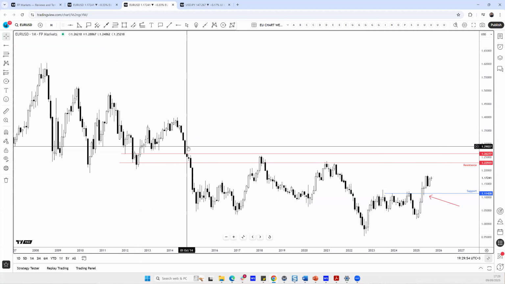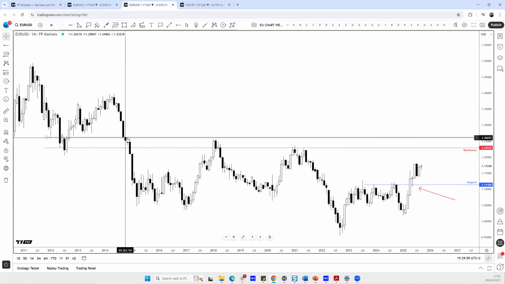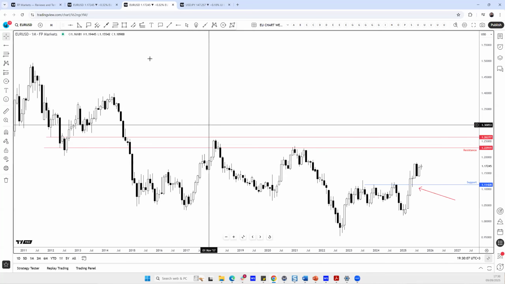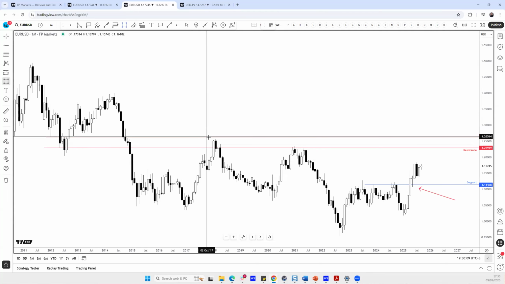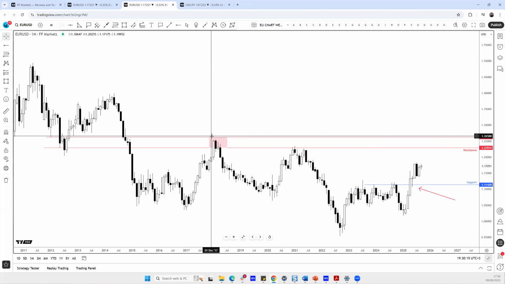We did see a minor reaction to the upside, and this could even be considered a retest.